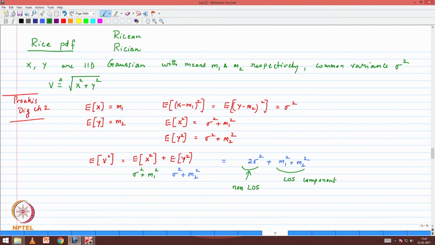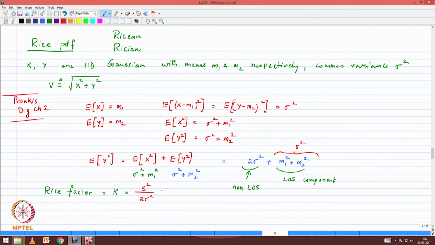Now, how do we characterize this type of environment? Rice proposed using something called a Rice factor. The Rice factor is a ratio of the two. It's given by the constant K, uppercase K. If you call this s squared, which is the notation used in the Ricean distribution, K is defined by the ratio of s squared by 2 sigma squared.